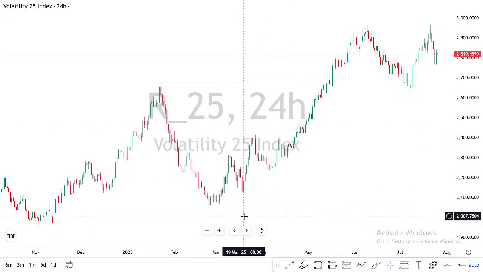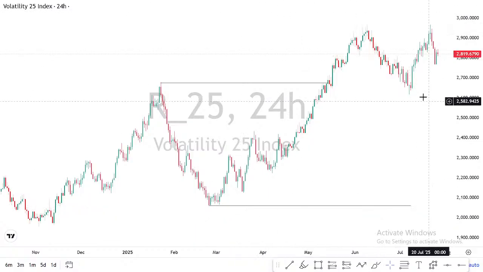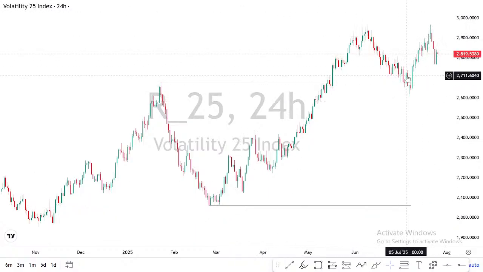Until the market takes this low, whatever sell we are taking is an absolute retracement.